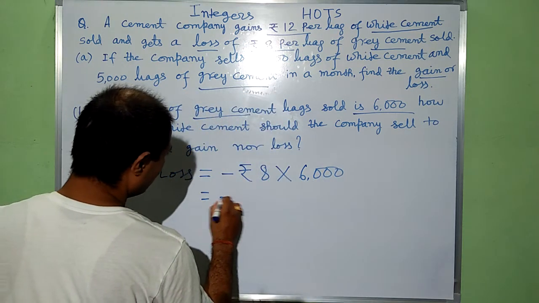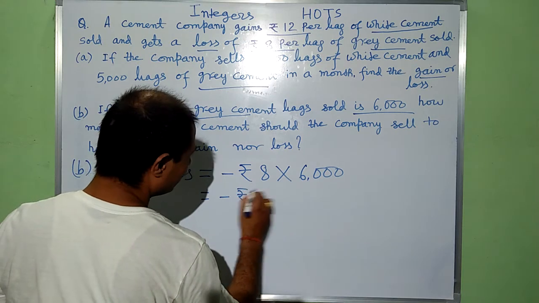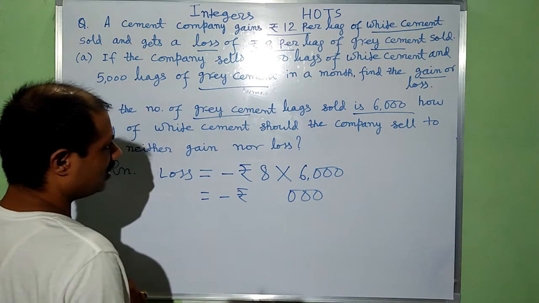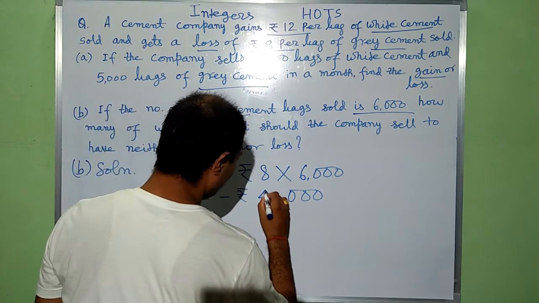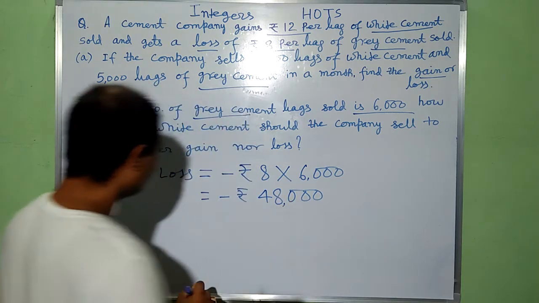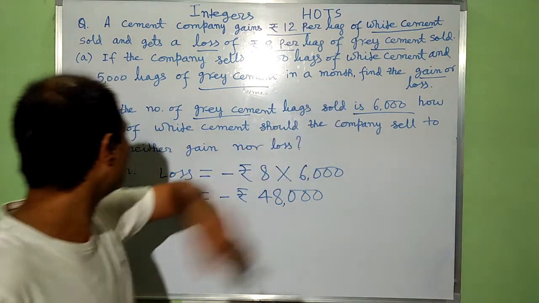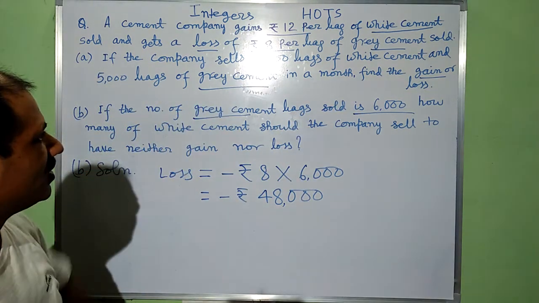It is minus rupees 8 times 6, 48. This is loss, rupees 48,000 on 6,000 grey cement bags.